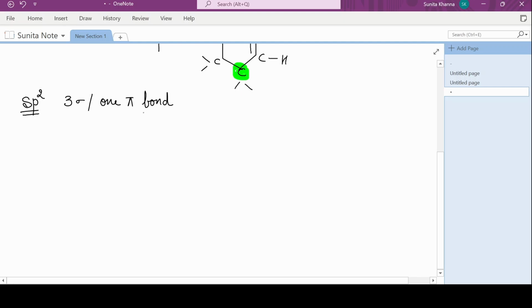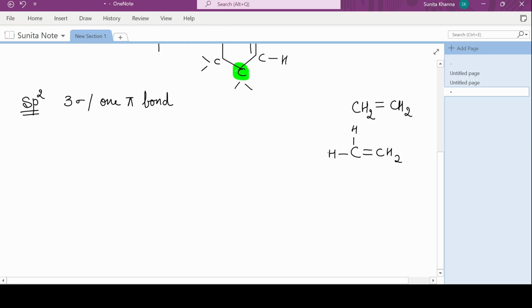Now here we come across the term vinylic halide. What is vinylic halide? Again I go back to alkenes. The first member of alkene is CH2 double bond CH2, so carbon double bond CH2 with hydrogen and hydrogen.